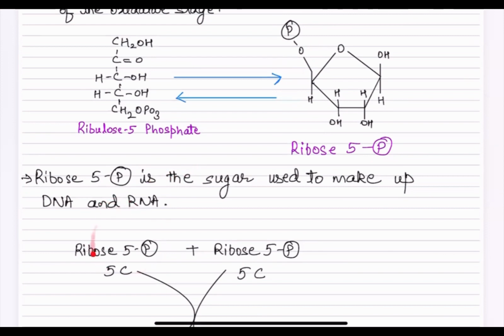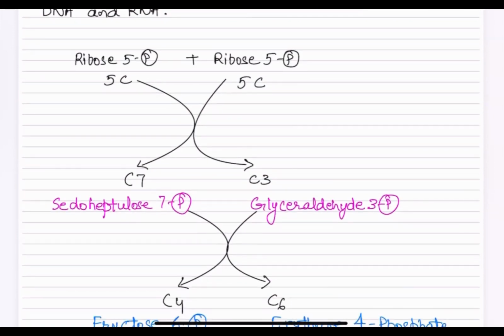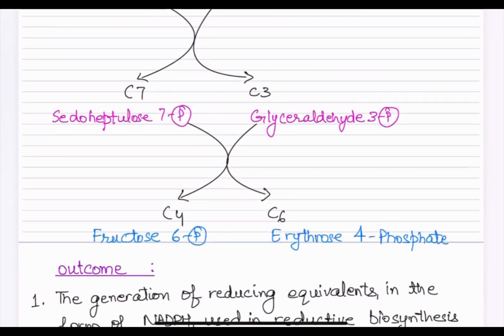Now, this 5-carbon ribose 5-phosphate combines with another ribose 5-phosphate, and it synthesizes a 7-carbon compound and a 3-carbon compound. Transketolases and transaldolases help in these conversions. This 7-carbon compound, along with the 3-carbon compound, then converts into a 4-carbon erythrose 4-phosphate and a 6-carbon fructose 6-phosphate.